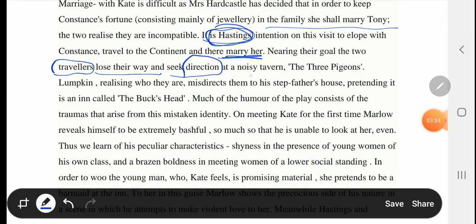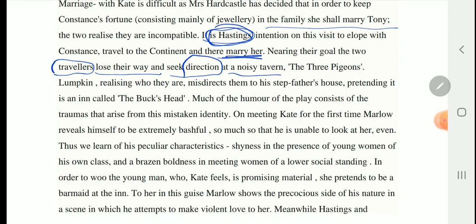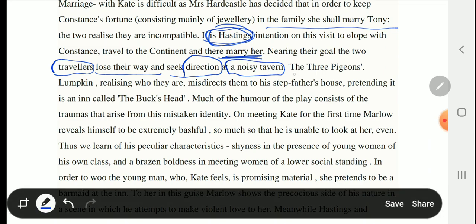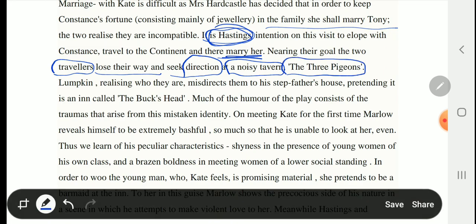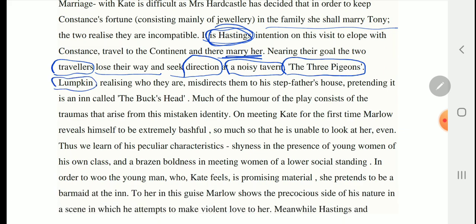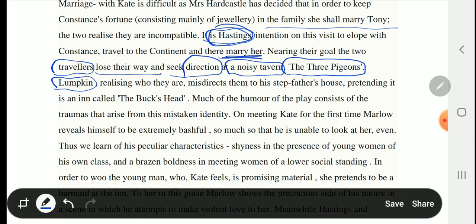So they seek direction through a nosy tavern. They saw an inn on their way, called the Three Pigeons. They went inside the inn, and Tony Lumpkin was there inside the inn.